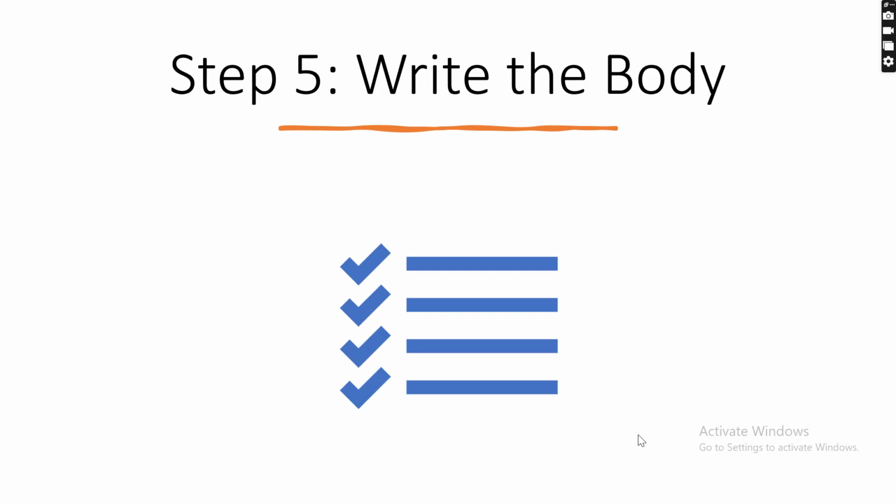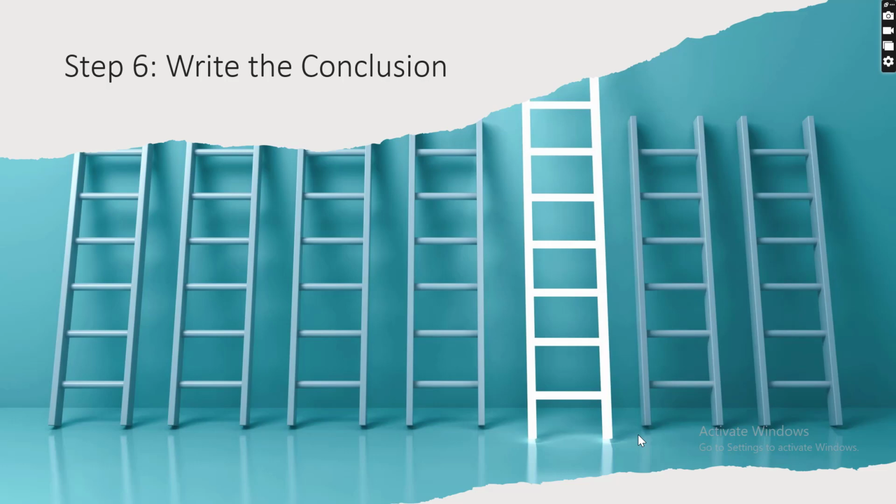And then we come to the conclusion. Writing the conclusion is the next step, step 6. The conclusion is the final part of your paragraph. It's important to wrap up your ideas and leave a lasting impression on your reader. When you write the conclusion, of course, it should be effective to the readers.